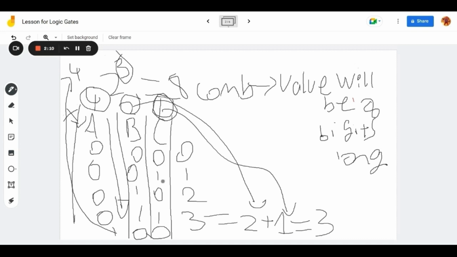Remember, the first column right here will always be 1, and then the next columns will be exponents of 2. So 2 to the power of 1 equals 2, 2 to the power of 2 equals 4, as I explained earlier.